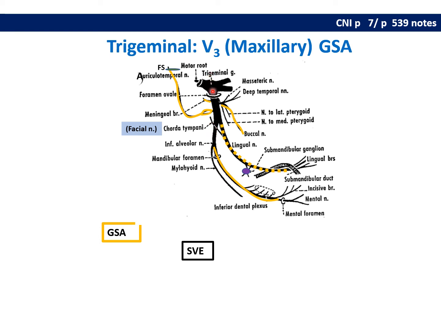And so this mandibular nerve, as it goes through the foramen ovale, distributes both those motor branches, those SVE branches, and these GSA, these sensory or afferent branches: the buccal branch to the cheek, and the lingual nerve, which is a mixed nerve, both motor and sensory.